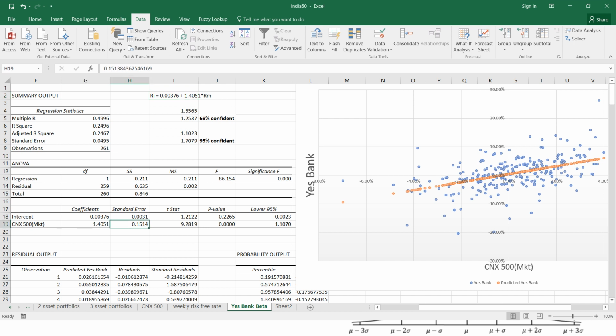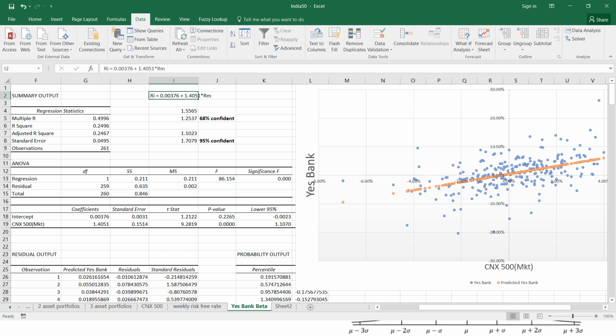Let's look at t statistics. T statistics effectively tell you whether these 2 coefficients that you have estimated, alpha and beta, alpha is 0.076 and beta is 1.4051, whether these estimates or these parameters are significant or not.